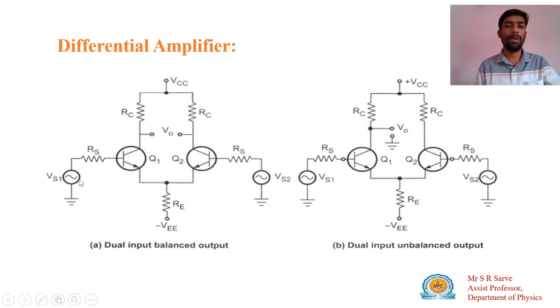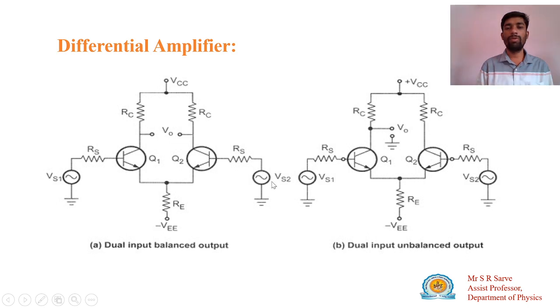So a differential amplifier consists of two input sources VS1 and VS2, and there are two transistors Q1 and Q2. These two transistors have equal parameters, and you have to supply the first input source here and the second input source here. Input source voltage will be supplied through this input resistance to the base of the first transistor.